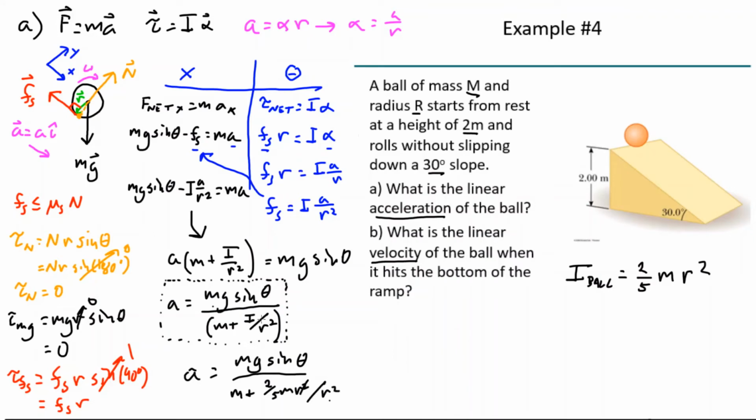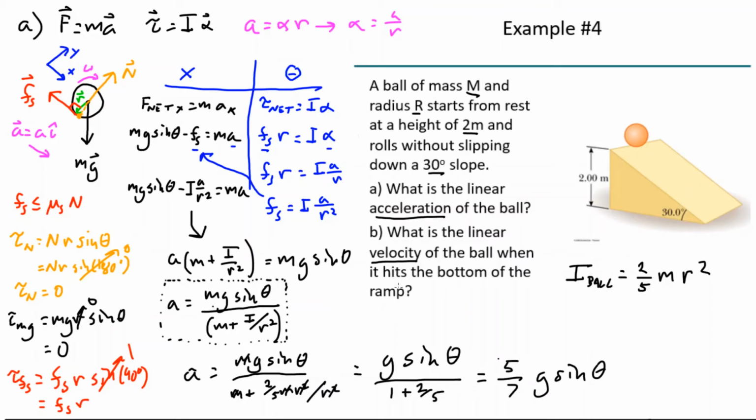Well, look, these r squareds just cancel out. And then once those r squareds cancel out, I also see this m cancels out. I just get that this acceleration equals g sine theta over 1 plus 2/5. 1 plus 2/5, that's 7/5. So I can finally just write this as 5/7 times g sine theta.